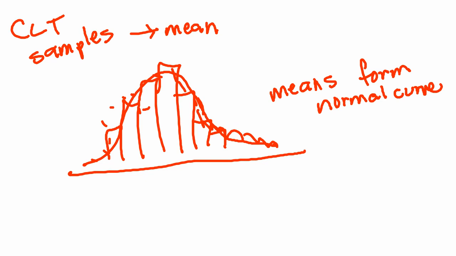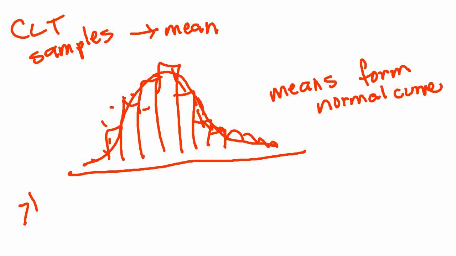Now, here's the problem: we don't know if it's normal in number 7. It says unknown distribution, so it's not normal. But for the central limit theorem, you don't need it to be normal, but the sample means form a normal curve. So if you read that question, what's the last sentence?